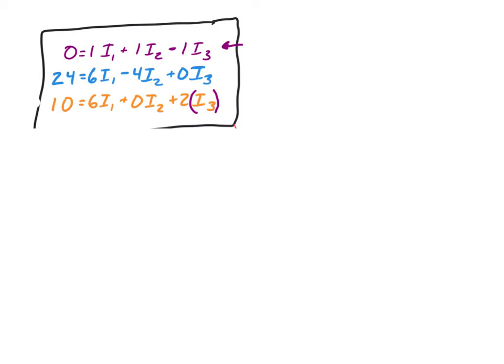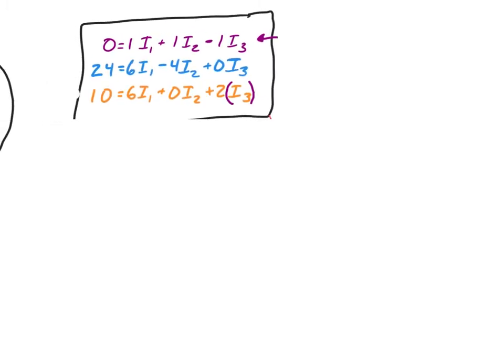This whole thing can be rewritten in a matrix format. The matrix format has all this stuff about the batteries first. So that's V vector is equal to, so it's the voltages, it's an array of voltages, 0, 24, 24, 10.